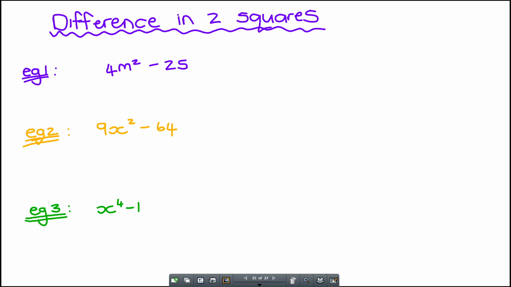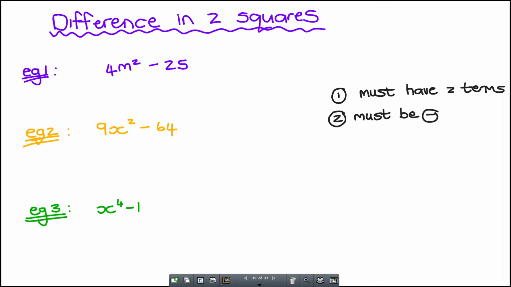Right. So we said that when we do difference in two squares, we first have to check, number one, and maybe make a note there for you. Number one, we must have two terms. Second, there must be a minus between the terms.